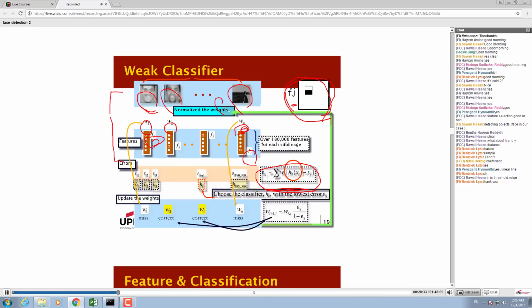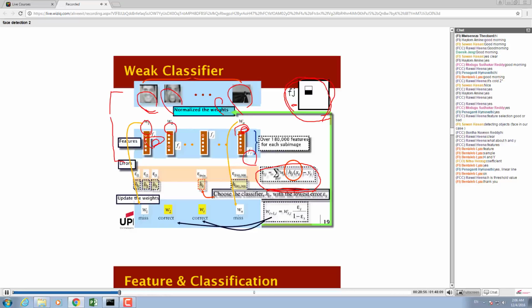We are summing over all samples, and then making the sum, and it becomes the error. So WI is the weight per every sample.